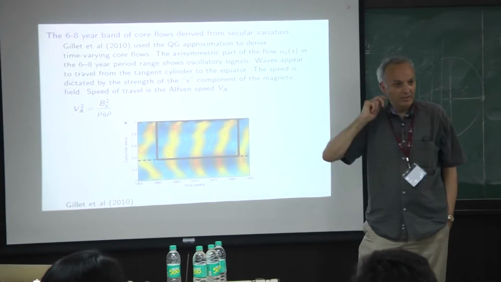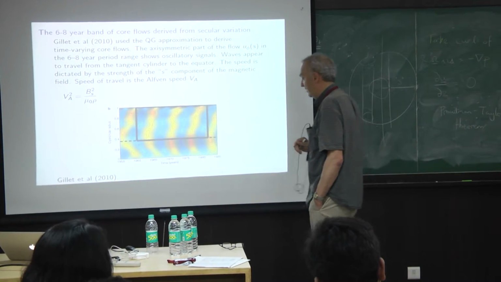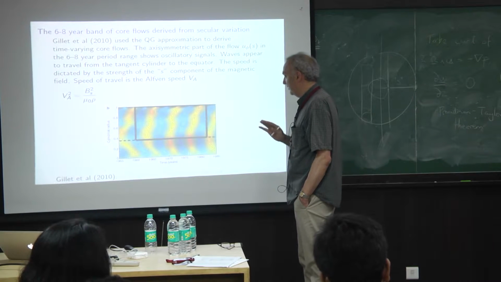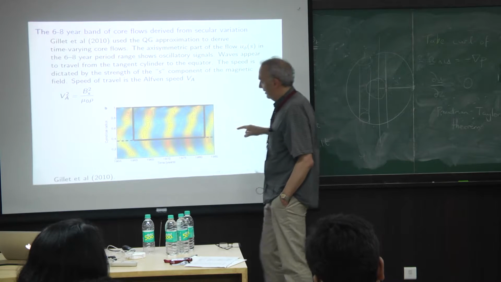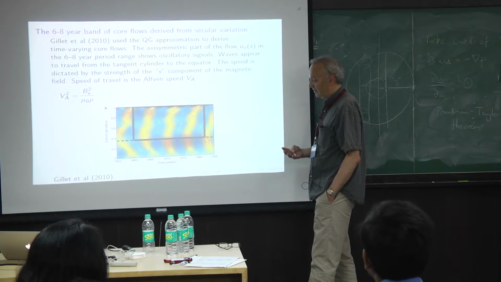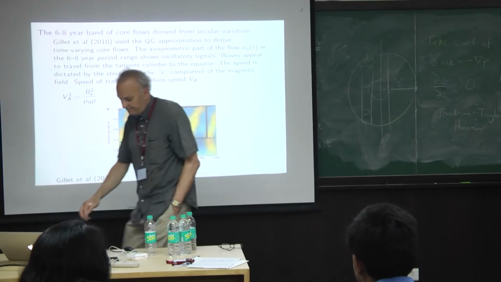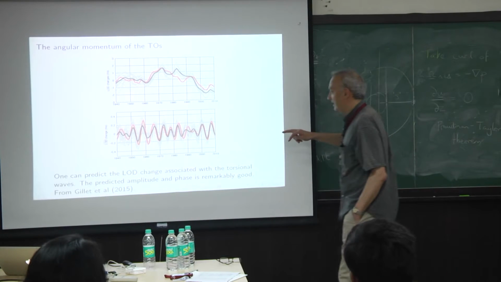Remember, u phi has been derived here from the magnetic data alone, and from the frozen flux analysis of the magnetic data. Now, if you take these flows, you can then calculate what the angular momentum of the core would be, and that's what they did, and that's on this figure here.